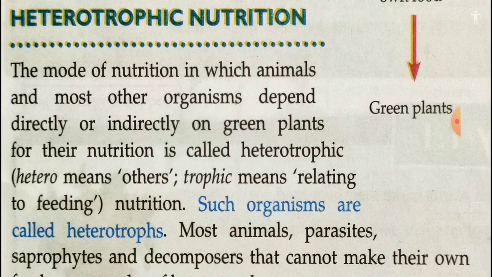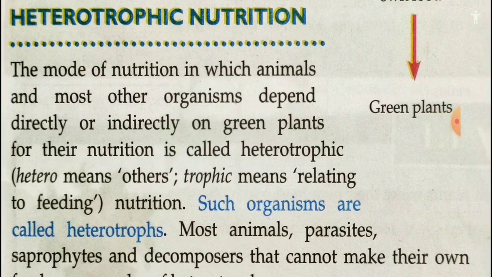Now we will see heterotrophic nutrition. Hetero means other and trophic means related to food habits, how they are getting the food. It is the mode of nutrition in which animals and most other organisms depend directly or indirectly on green plants for their food.